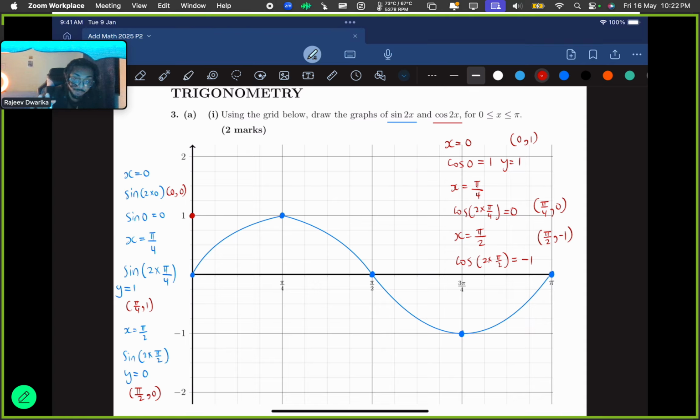Let me check out what happened with those points. When x is 0, y is 1. When x is pi over 4, y is 0. When x is pi over 2, y is minus 1.